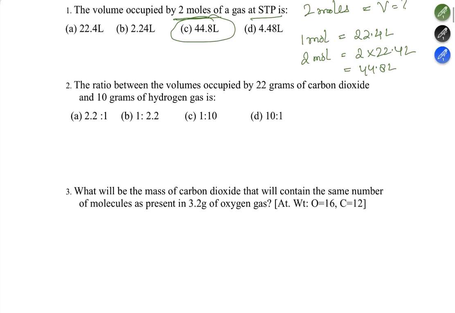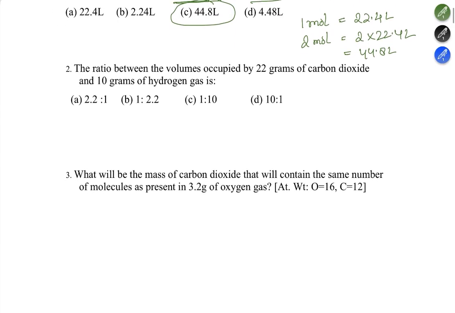Let's move to the next question. The ratio between the volumes occupied by 22 grams of carbon dioxide and 10 grams of hydrogen gas. Now here they are asking the ratio of these two gases and they have given the mass. So the ratio between the two gases given is 22 gram and 10 gram.